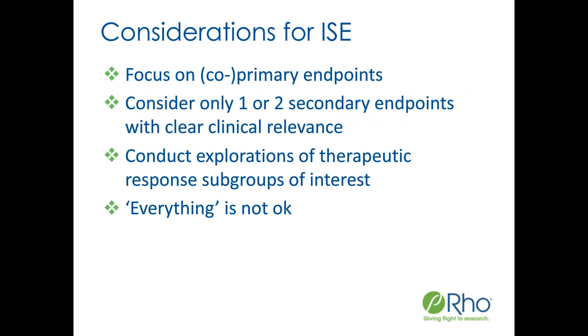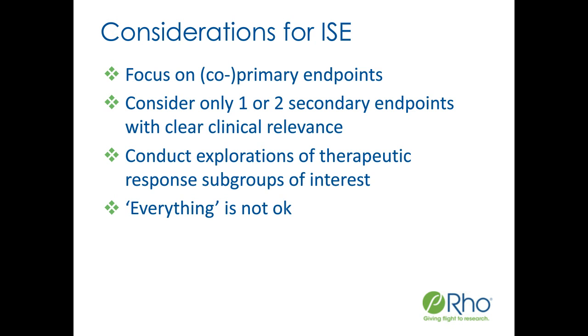But throughout your ISE, you want to focus on your primary endpoint, or co-primary if that's how your program was set up. And as I said, you want to look at 1 or 2 secondary endpoints that have clear clinical relevance to show consistency of your product across multiple different endpoints. Subgroups of interest are important because the agency does want to see that consistency in effect.